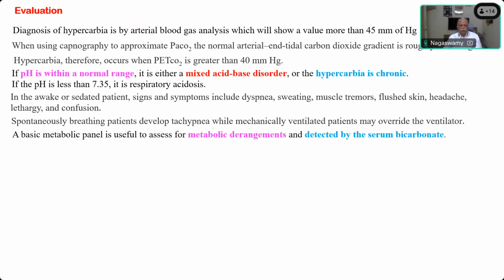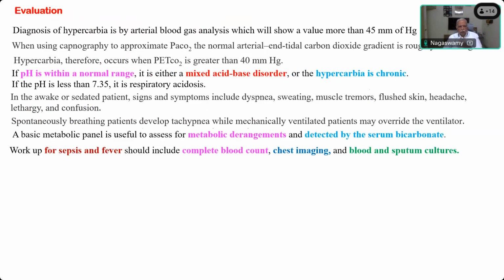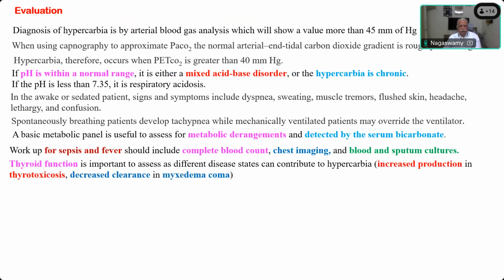And the basic metabolic panel is for metabolic derangement detected by serum bicarbonate estimation. It is important to see whether there is a compensation or not. And workup for sepsis and fever should include complete blood count, chest imaging, and blood and sputum cultures to rule out any infection. And thyroid function test is very important because in thyrotoxicosis, you can get hypercarbia because of increased production.